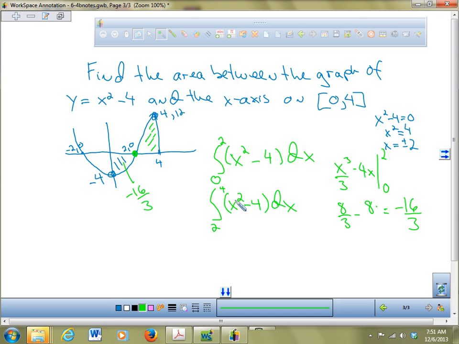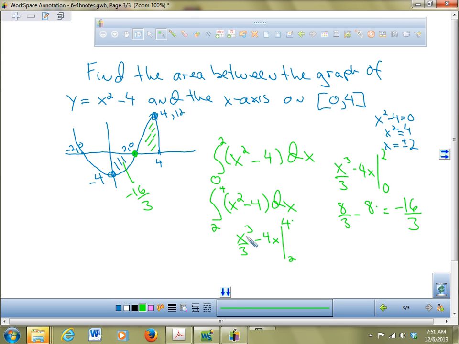Follow that? Okay. This one, I'm going to plug into the same thing, x cubed. Oh, and you don't have to worry about the 0, because when I plug in 0, what do I get? 0, right? So in this case, I'm going to get x cubed over 3 minus 4x, evaluated from 2 to 4, sorry.